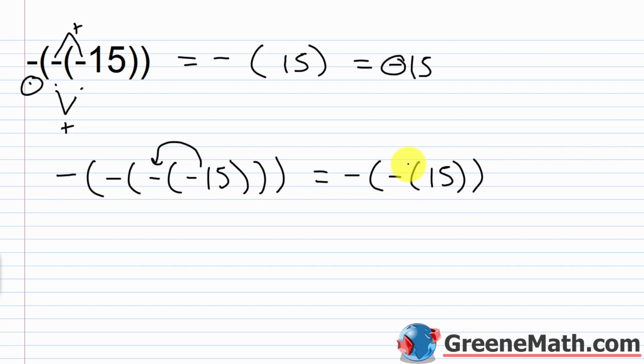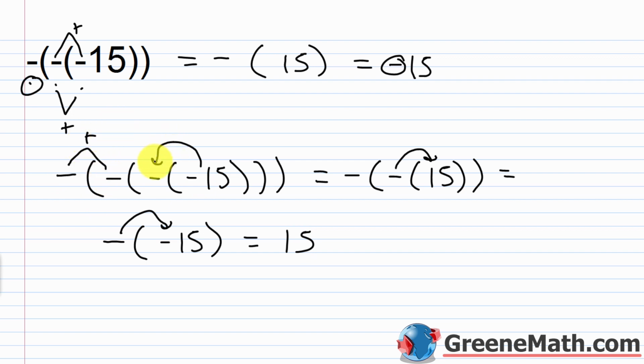And then this would make it negative. So we would have the opposite of -15. And then this last one would make it positive again, right? We have another pair. So this becomes 15. So just count the number of symbols that you have. Again, pair them up. In other words, this is a pair and this is a pair. So we end up with an even number of those symbols, so we get a positive result.